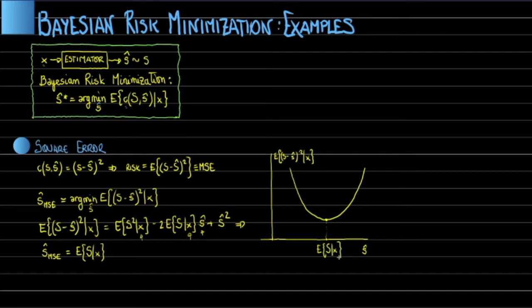Okay? And the minimum value of the square error, the expected value of S minus S MSE to the square given x, is given by the expected value of S minus the expected value of S given x to the square given x.